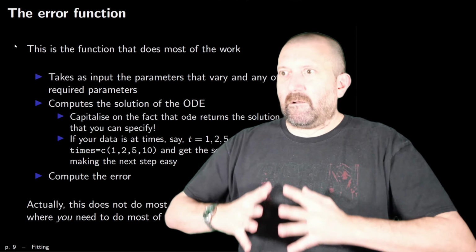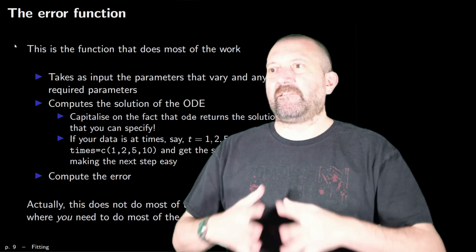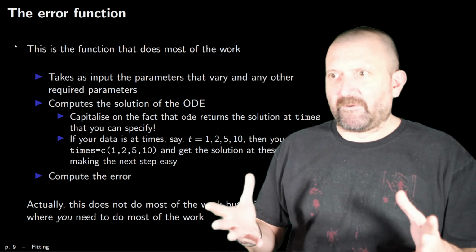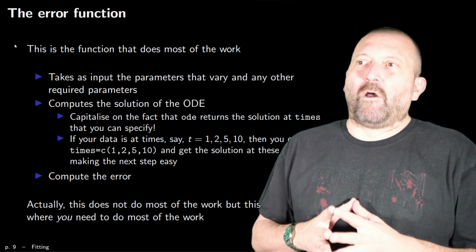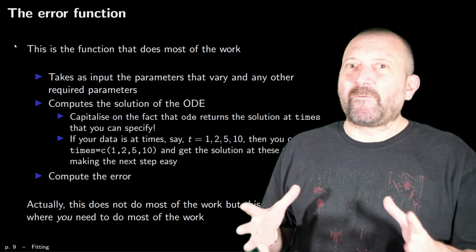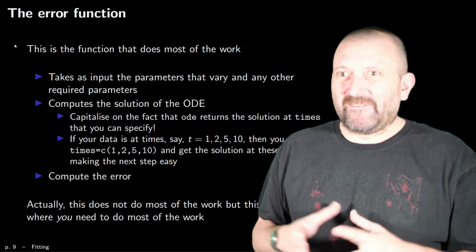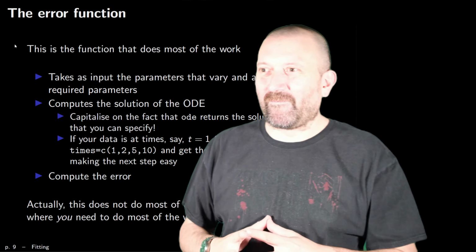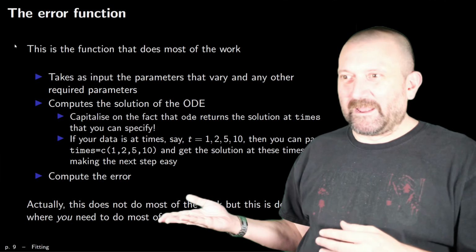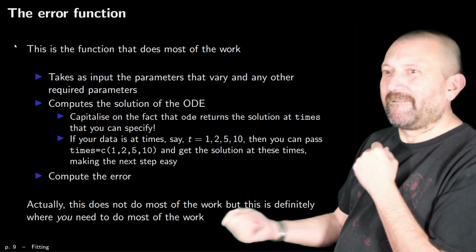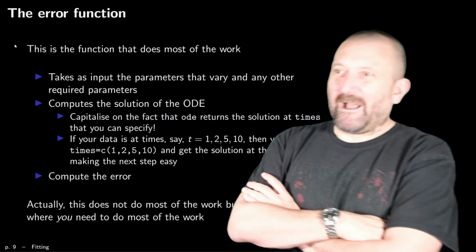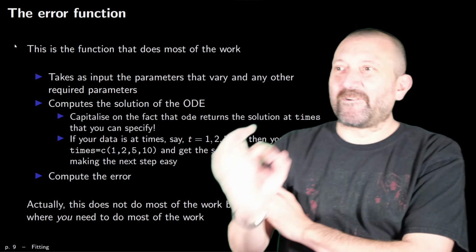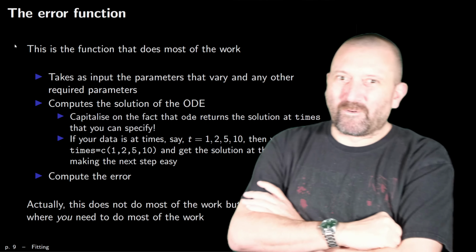Now, when you are fitting using this simple procedure that I was describing earlier, the important part is this function. I wrote first that this is the function that does most of the work, but then I corrected myself and said that actually this is not the function that does most of the work, but the function where you need to do most of the work.